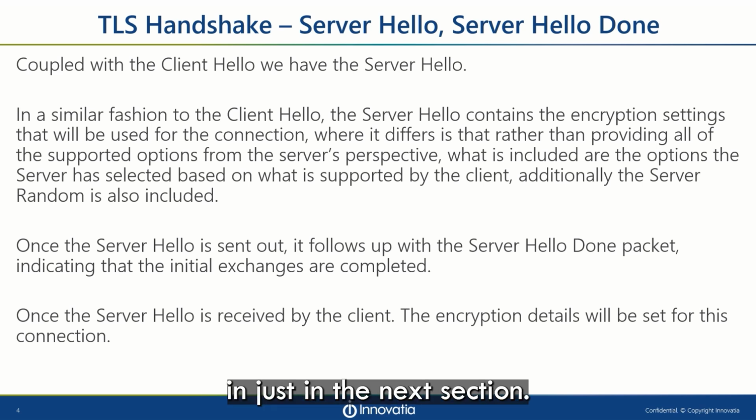We'll talk about that in the next section, but I did want to quickly mention that the client will send out its client hello, the server will send out its server hello, and then the server will also send out its certificate packet. Once those messages are exchanged, the server will also send out a server hello done packet, because at that point in this connection, we've basically established, agreed upon, and negotiated the various details that will be needed to secure or encrypt this particular connection.